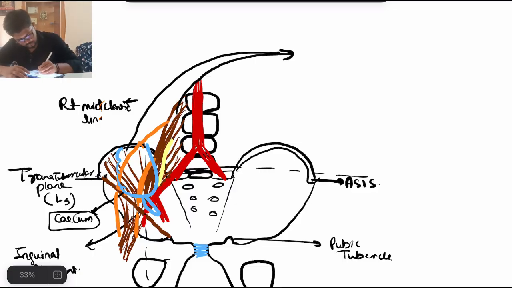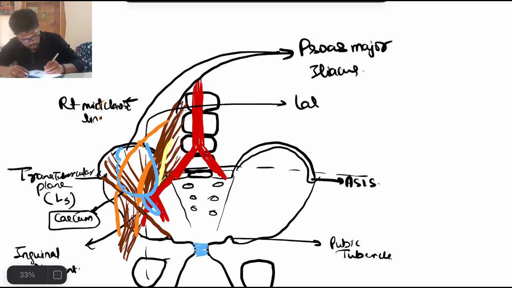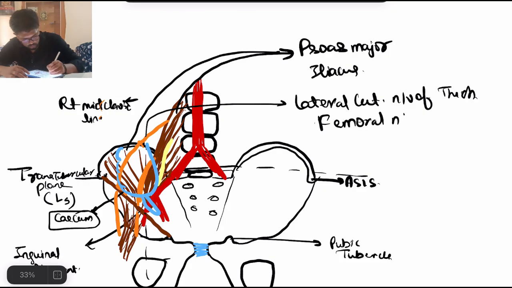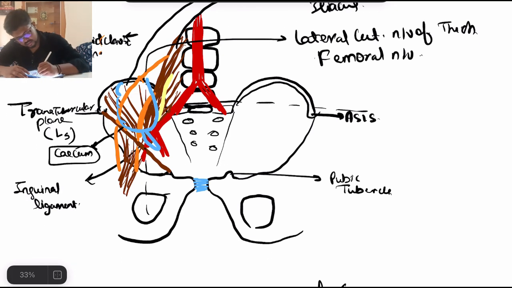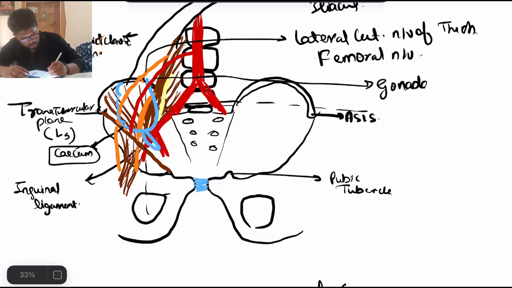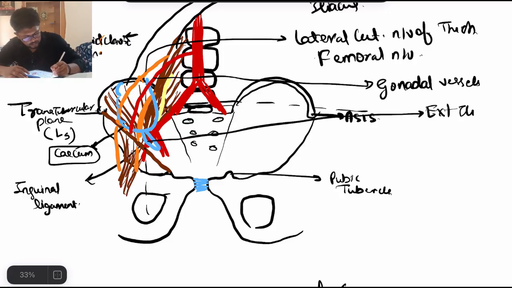Two muscles, psoas major and iliacus. Two nerves, lateral cutaneous nerve of thigh and femoral nerve, and two vessels, gonadal vessel and external iliac vessel.